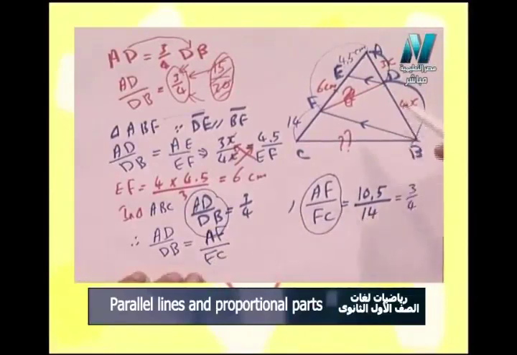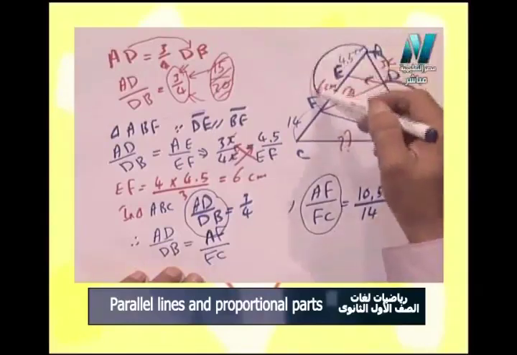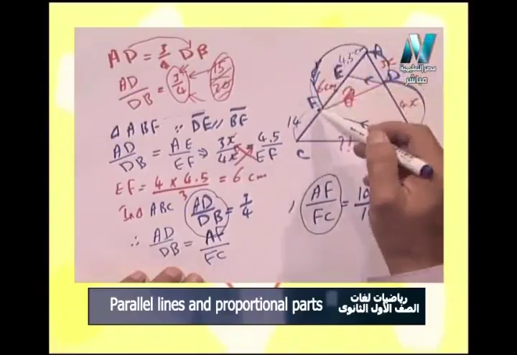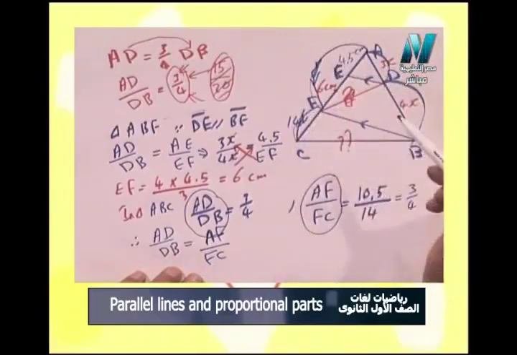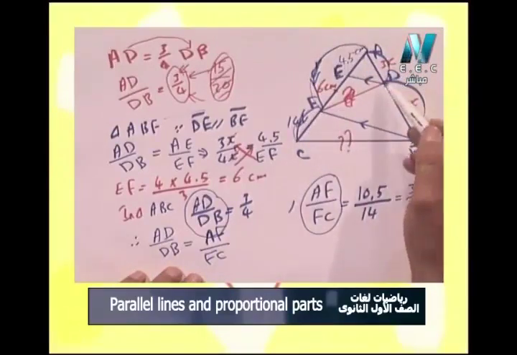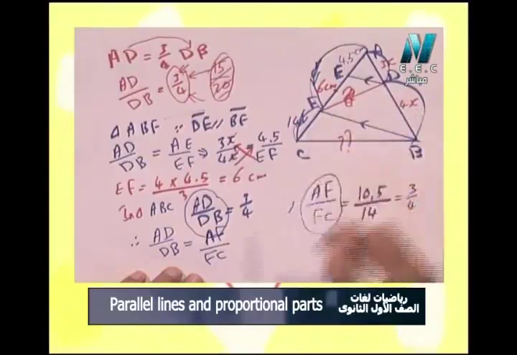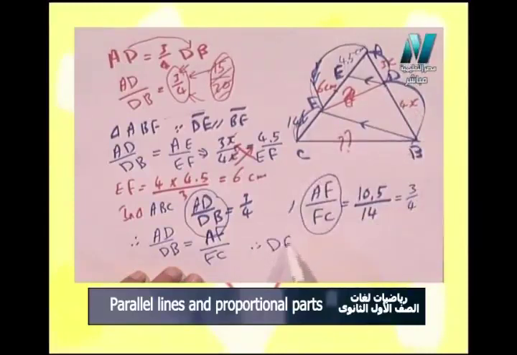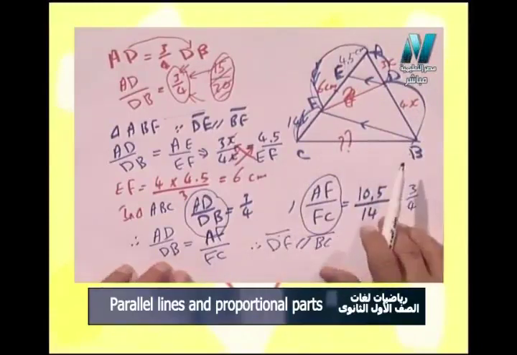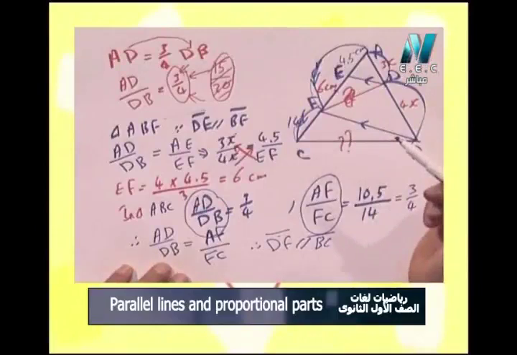Look carefully at this triangle: AD over DB equals AF over FC. So we can deduce that DF is parallel to BC, even though the drawing is like that.